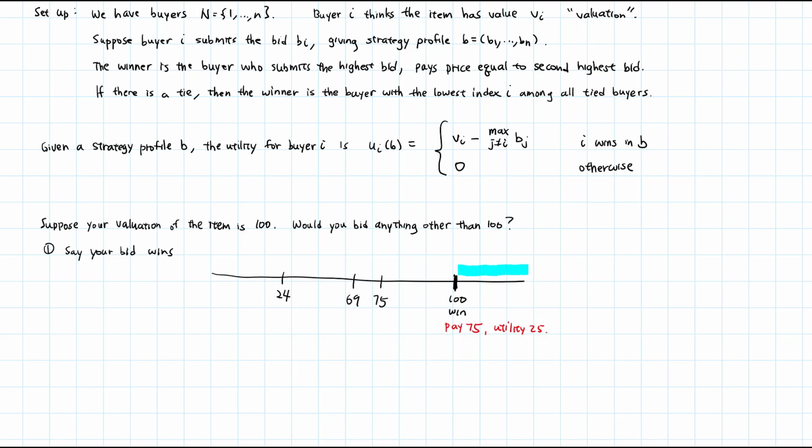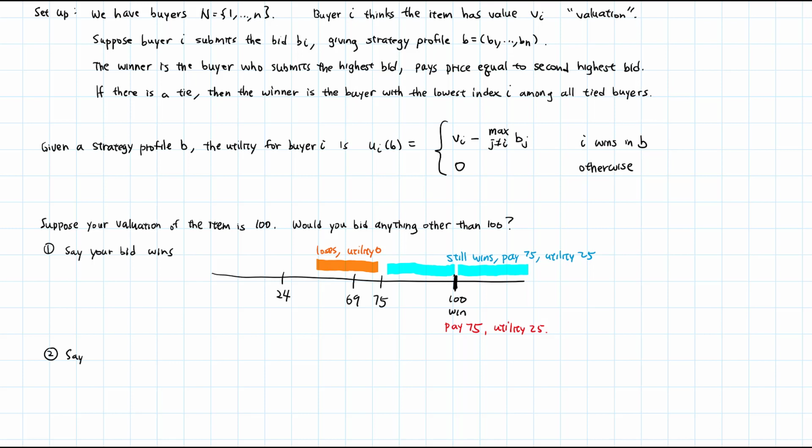Well, if we bid anything that is more than 75, we still win. We still pay 75 and we still get a utility of 25. But if we bid less than 75, then we will lose and our utility becomes 0.